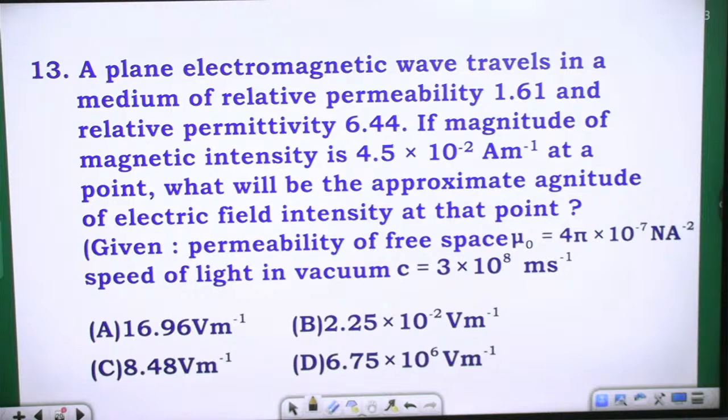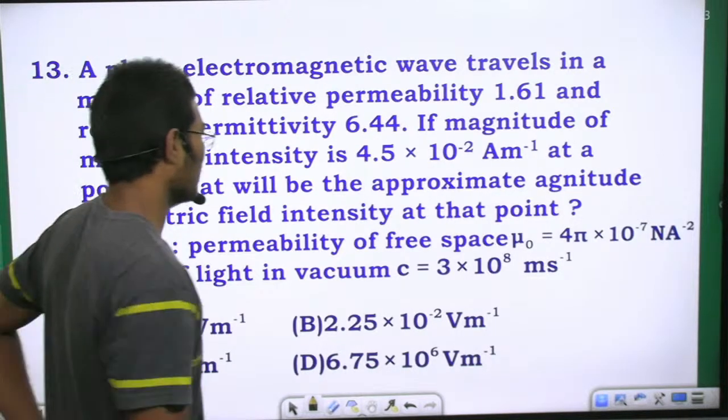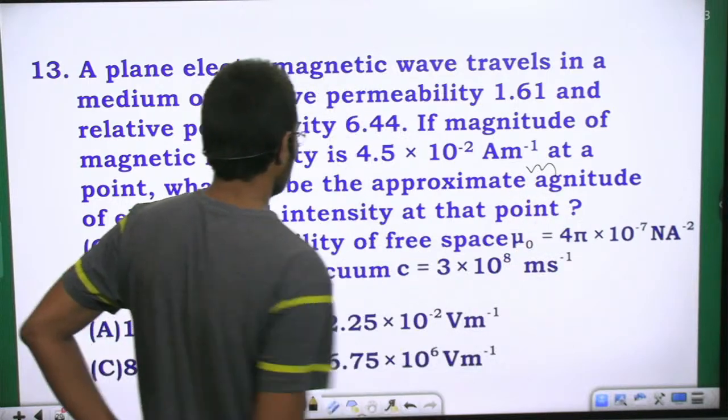Next question. A plane electromagnetic wave travels in a medium of relative permeability 1.61 and relative permittivity 6.44. If the magnitude of magnetic intensity is 4.5 into 10 power minus 2 at a point, what will be the approximate magnitude of electric field intensity at that point?